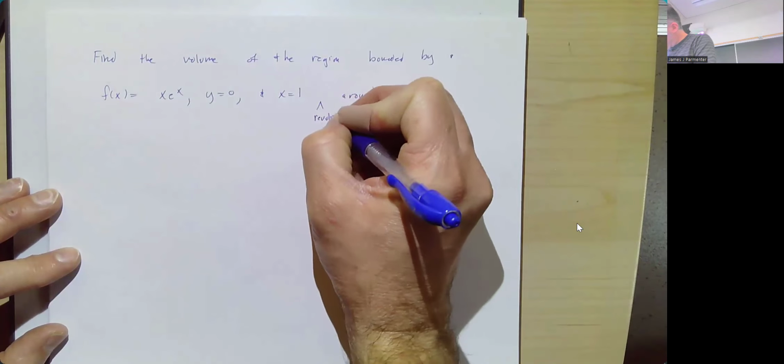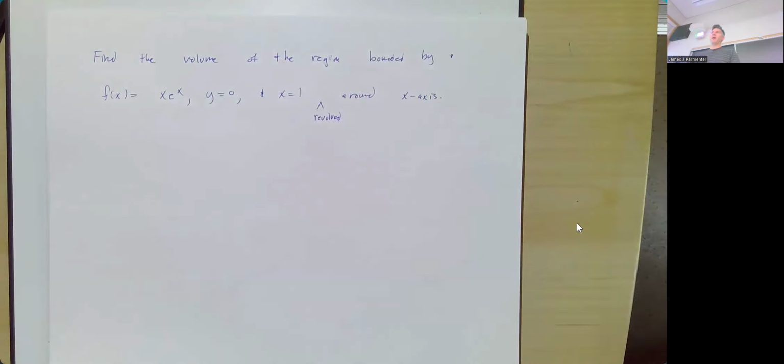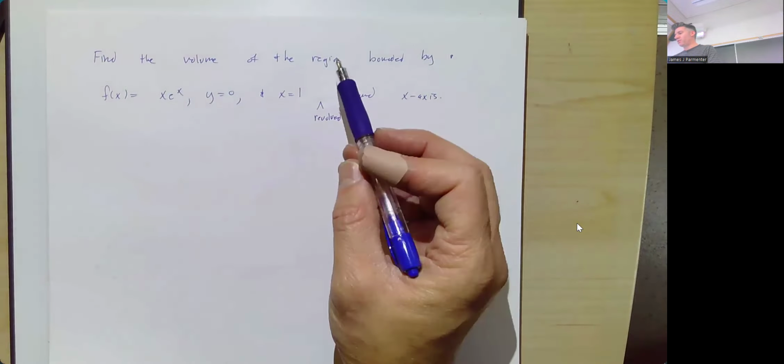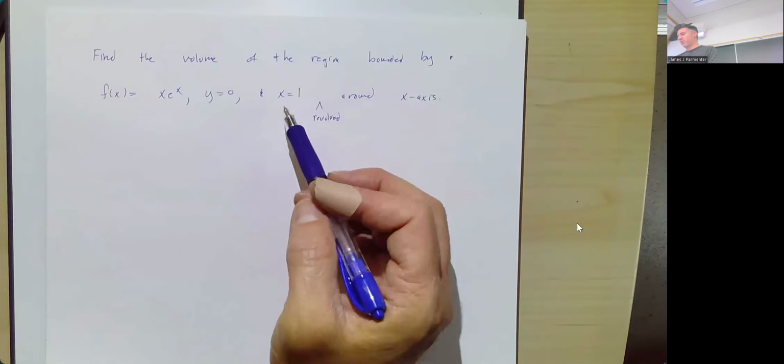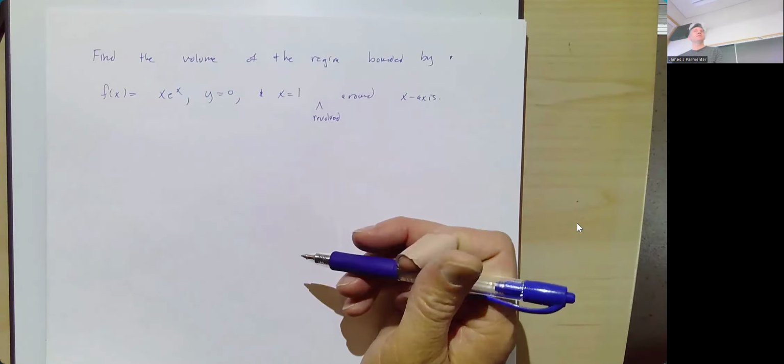Writing the words for these is always not fun. I know what I want to say in my head, but making it come out in words sometimes is challenging. Find the volume of the region bounded by these three things revolved around the x-axis. There's probably a better way of saying that, but this is what you get.